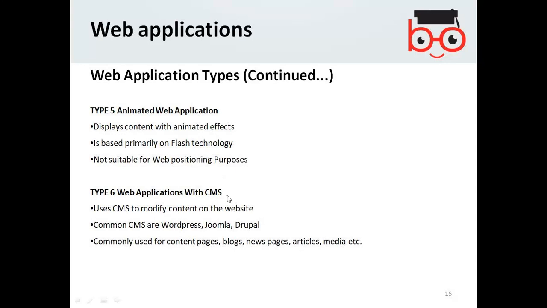When you create a new page, it automatically gives you the style. You only need to put in the content of the page. It's like a template, right? It is a kind of template, but a dynamic one.